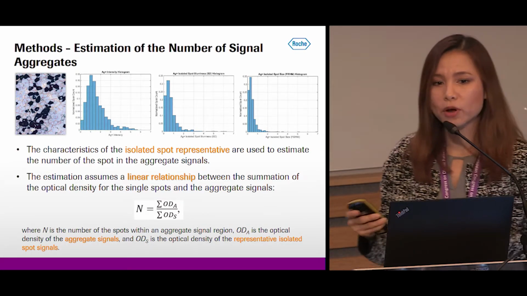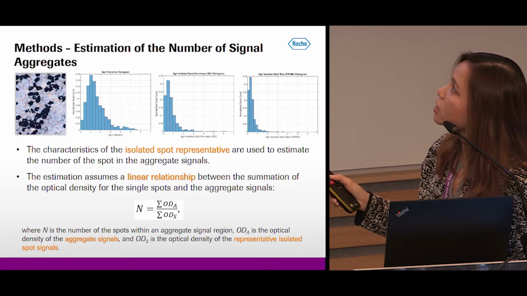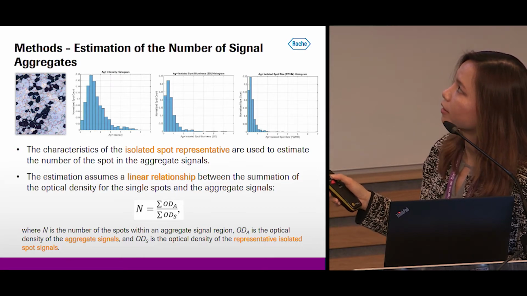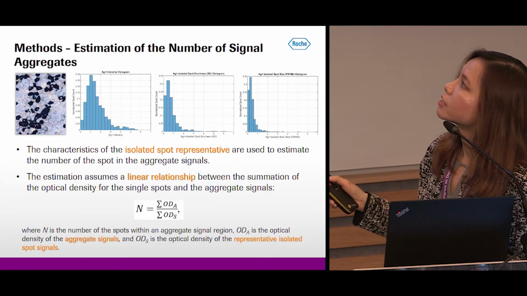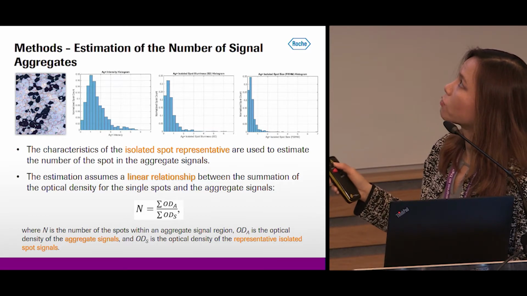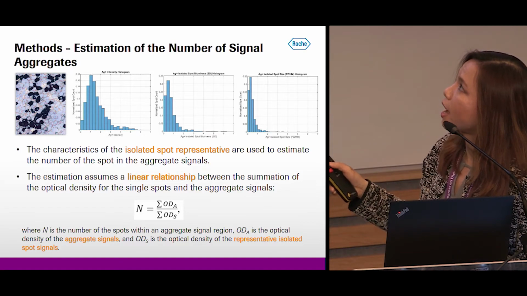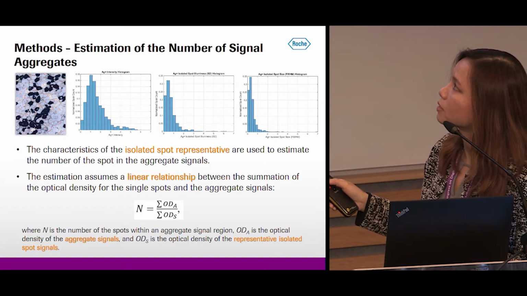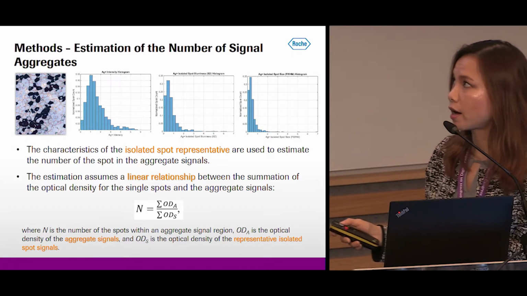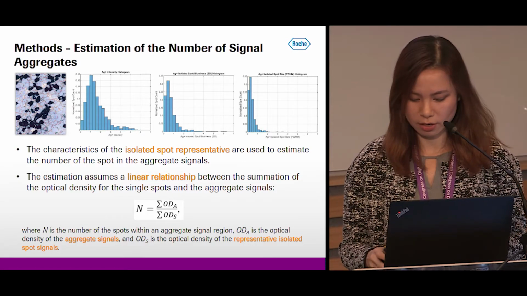Basically, we use the principle of the linear relationship between the summation of the optical density within the signal aggregate divided by the summation of the optical density of the isolated spot representation that we derive from the histogram. We can approximate the spot representation into the formula. As a result, we can obtain the total number of spots within the signal aggregates.